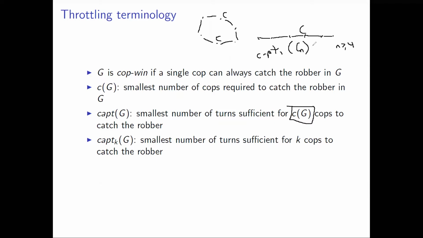And capt_1 of C_n for n at least 4, that's going to be infinity. So if K is less than the cop number, then capt_K will be infinity.